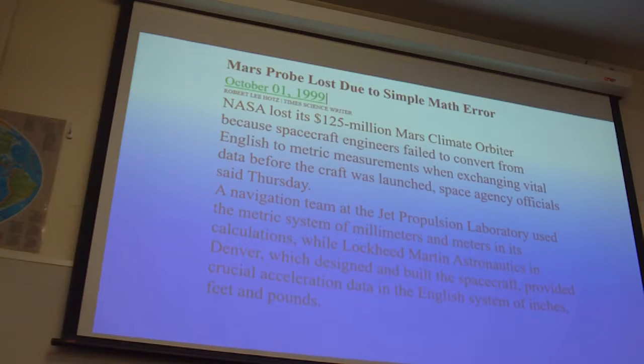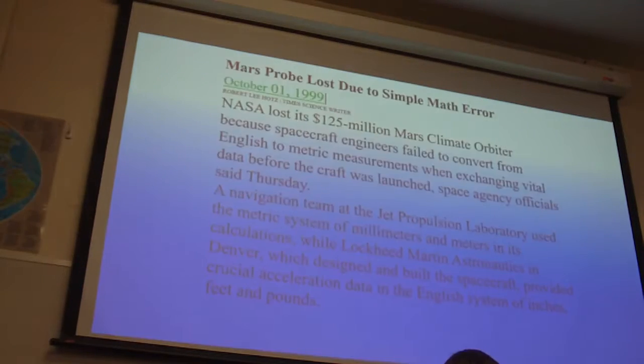And they knew they used different units, but they never had a conversation about whose units they were going to use. And so both of them were polite and used the other one's units. And so it ended up that they weren't giving as much fuel to the system as they thought they were, and the thing wasn't behaving like they thought it should, and it crashed into Mars, right? So they lost their spaceship because of units.